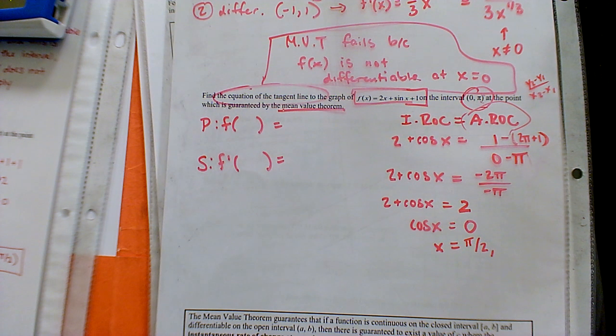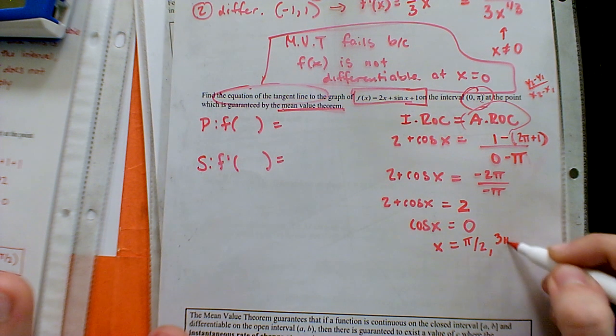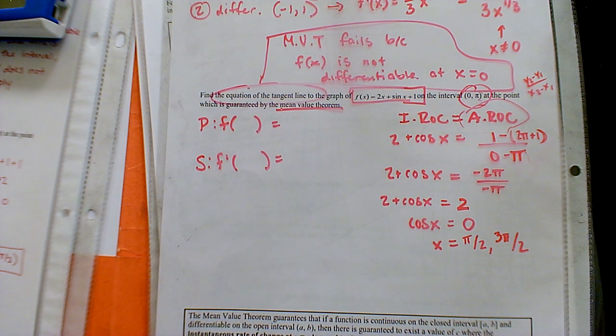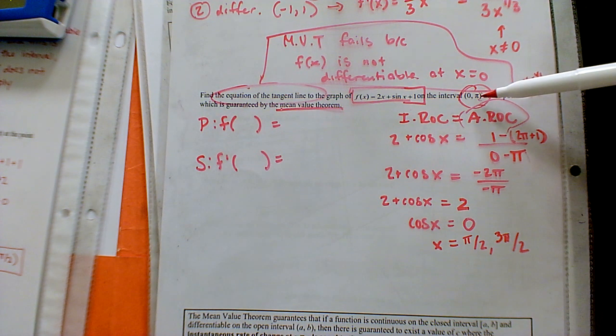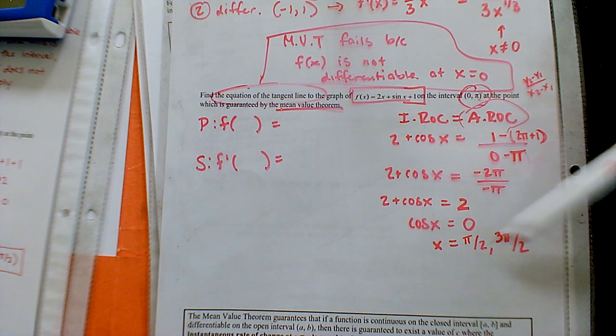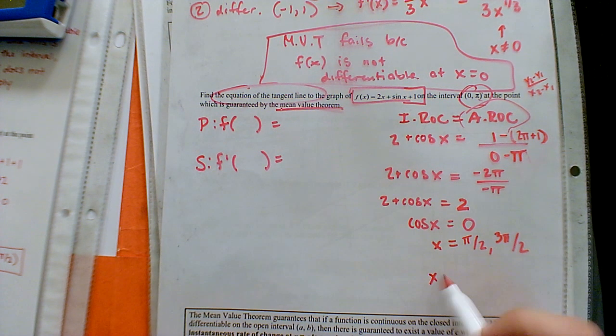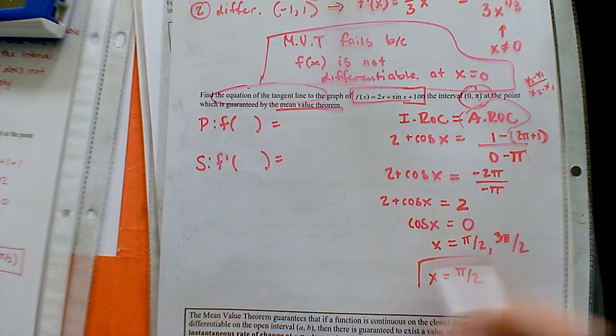If we move to pi, it's negative 1. Move to 3 pi over 2, that's 0 again. We could keep going in a circle, however many times you want to revolve around. But I think this should be fine because we are anticipating something between 0 and pi. So between these options, looks like we'll just get pi over 2.